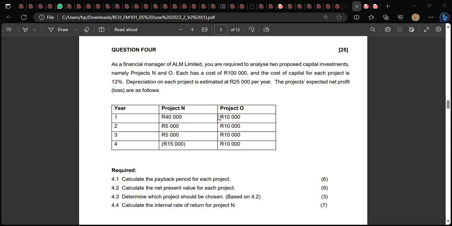And then we have project N, and then we have project O. You are reminded again that if you have any questions, you can always stop me anytime and ask. All right, so we had 40,000, and then we had 5,000. So these are profits. And then we had 5,000, and then we had minus 15,000. So I'm taking this from project N, and then for project O, 10,000 right through.